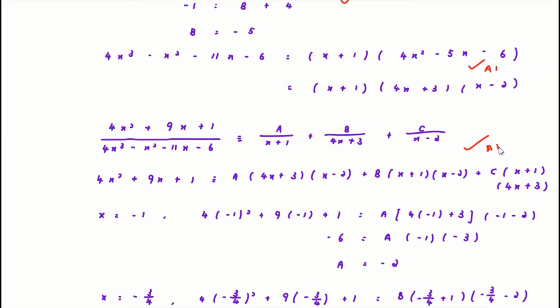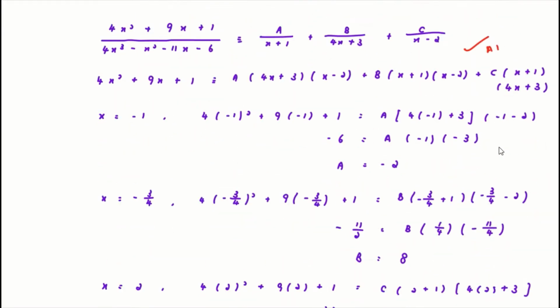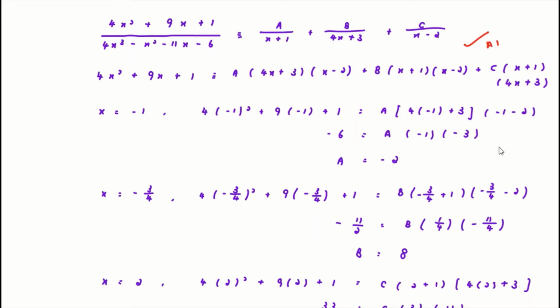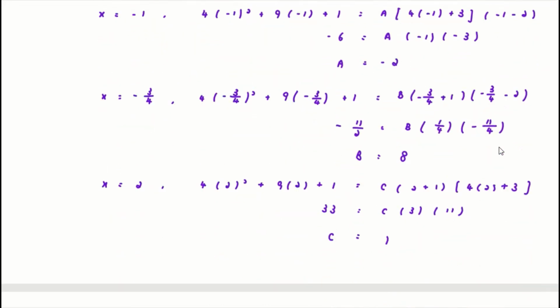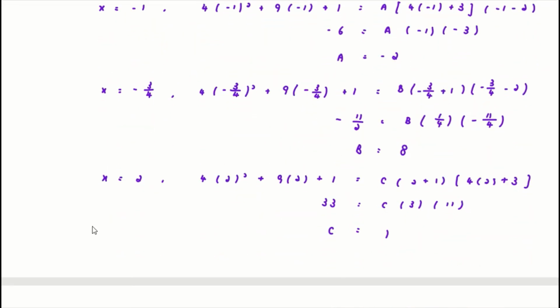Okay, and you continue to solve everything here. After you are able to get all the values for A, B, C, you'll be able to get 2 A1. If you are able to get only one of them, you have 1 mark; if you are able to get all 3, then you have 2 marks.